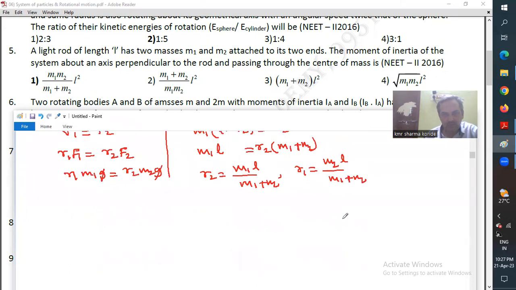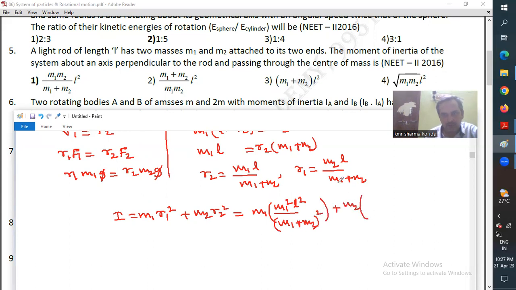Now our focus is on finding the moment of inertia. I is equal to M1 R1 square plus M2 R2 square. So M1 R1 square is M1 M2 square L square divided by (M1 plus M2) whole square, plus M2 R2 square, which is M2 M1 square L square divided by (M1 plus M2) whole square.